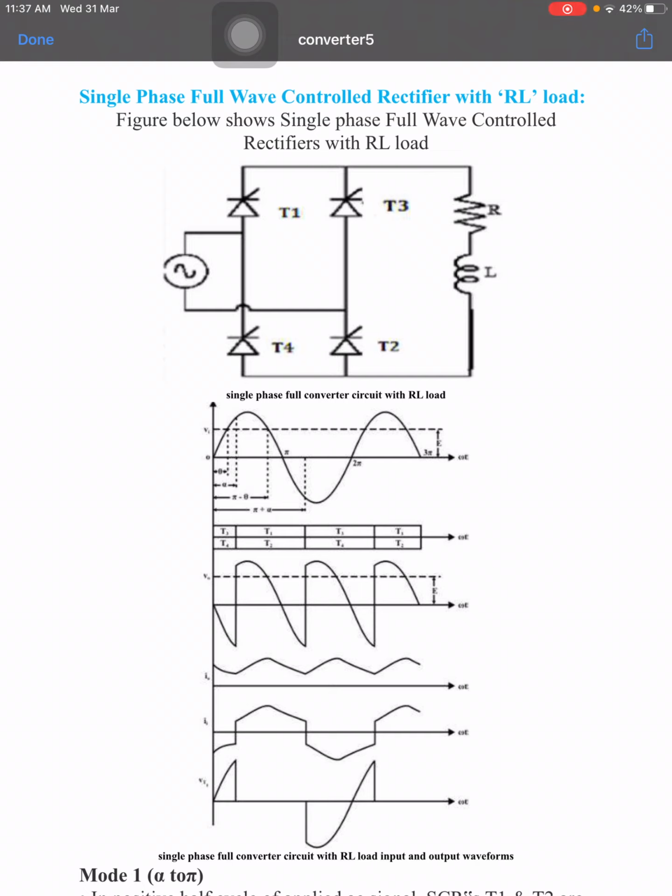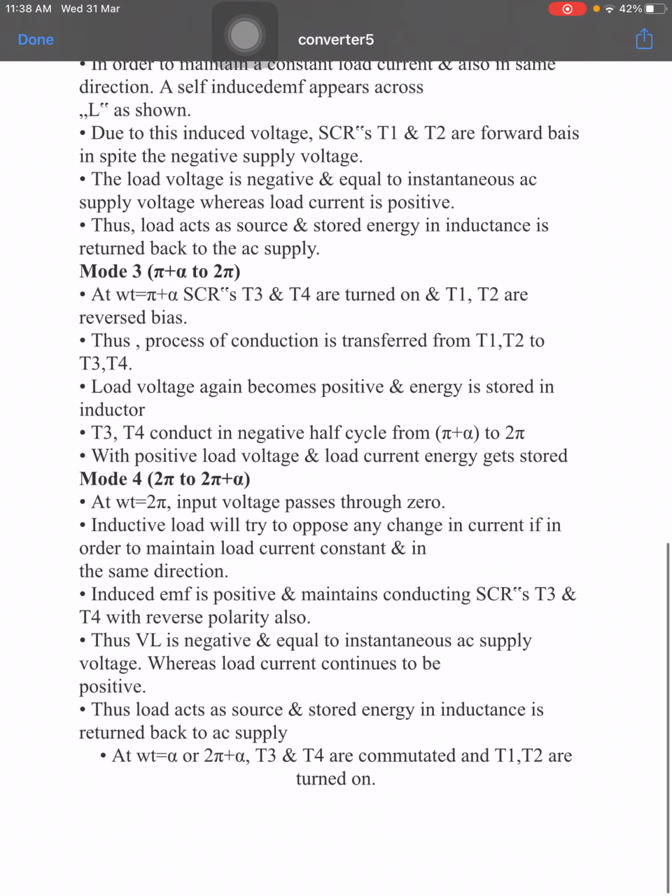It starts increasing with T1, T2 on; imagine current flowing through T1, T2. When it is decreasing, T3, T4 are on. Increasing, T1, T2 on; decreasing, T3, T4 on. This increasing and decreasing forms the continuous current in a full wave controlled rectifier.